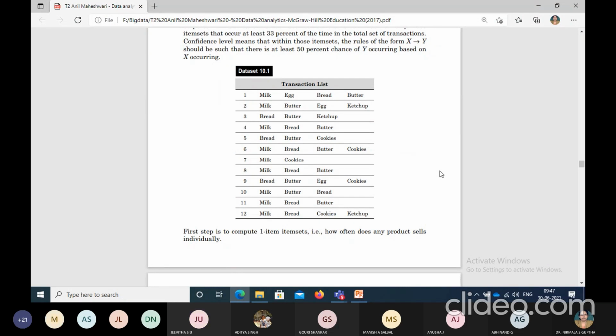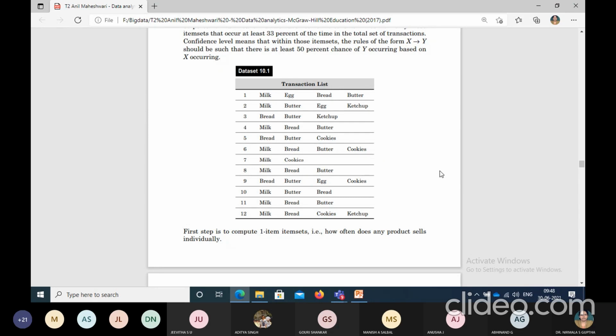So my first one item set is milk, and the frequency of selling milk is 9. Then what about bread? We need to count the bread occurrences. First row bread is there, third row, fourth row, fifth row, sixth row, 8th row, 9th row, 11th row, 12th row.